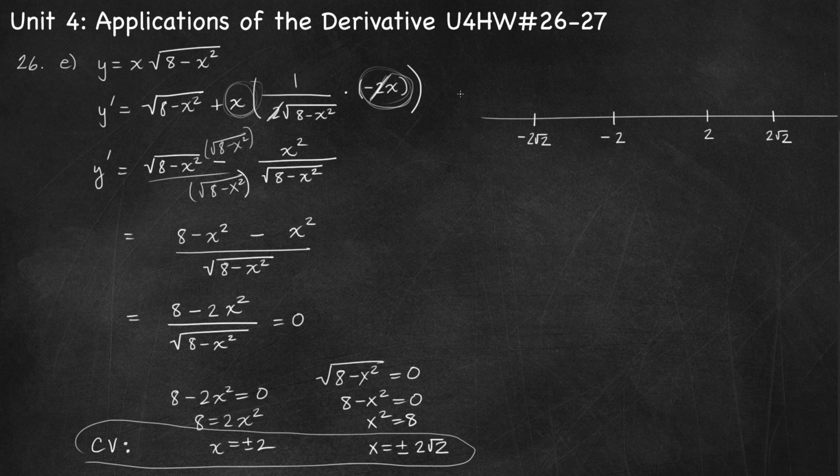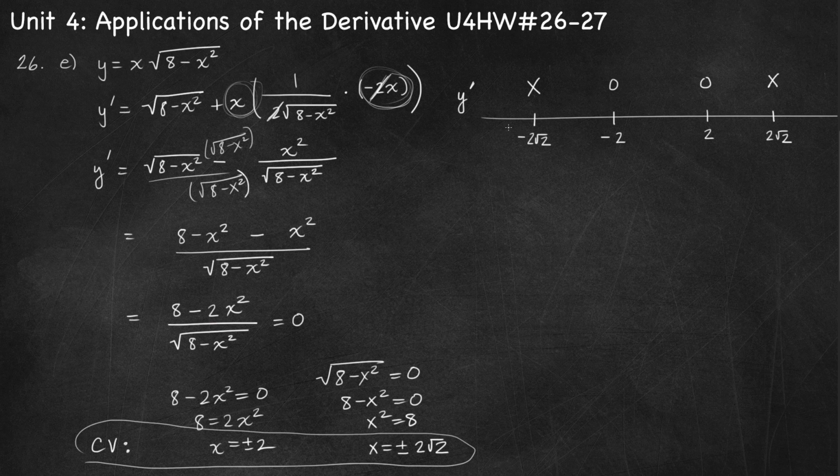And we want to know what our derivative equals at each of these critical values. At negative 2 root 2, our derivative is undefined. At negative 2, our derivative is 0. At positive 2, our derivative is 0. And at 2 root 2, our derivative is undefined. So we have a lot of test points to check. We've got 1, 2, 3, 4, 5 sub-intervals here.